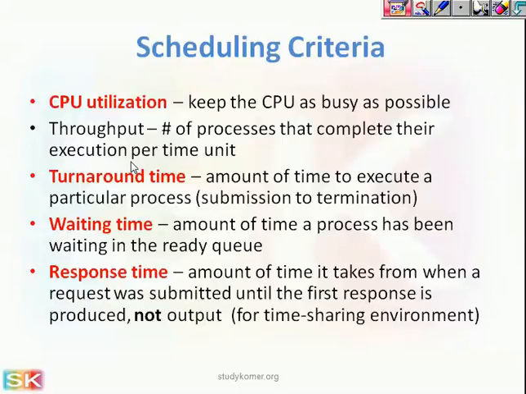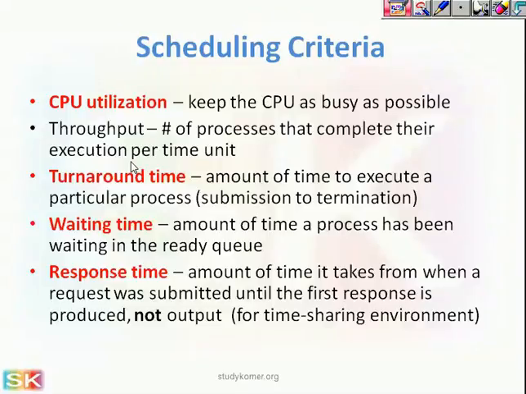So scheduling criteria may be CPU utilization, turnaround time, waiting time, and response time. So this means whenever we try to develop any scheduling policy, what all parameters we have to consider, right?